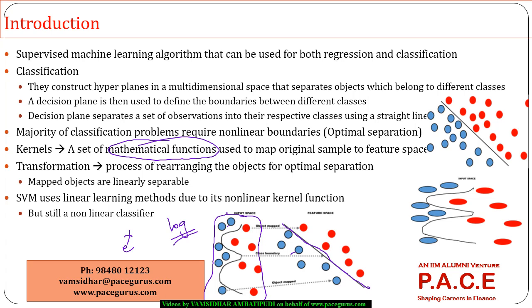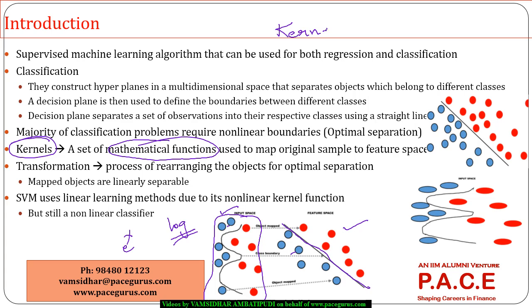So those kinds of functions that I am applying on the input data, so that the transformed values result in a linear separation between the observations, are typically called kernels. We have different kinds of mathematical functions. Different tools will use different sets of kernels.